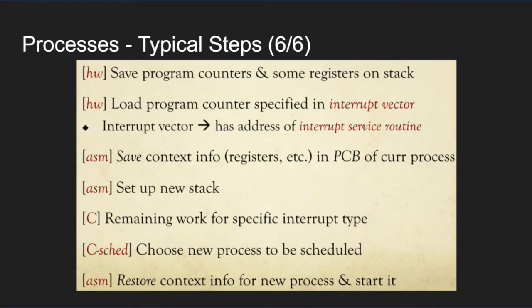The OS chooses a new process to be scheduled, restores context info for the new process, and starts it. That's a more in-depth look at our cycle from running going back because of preemption or some other interrupt.